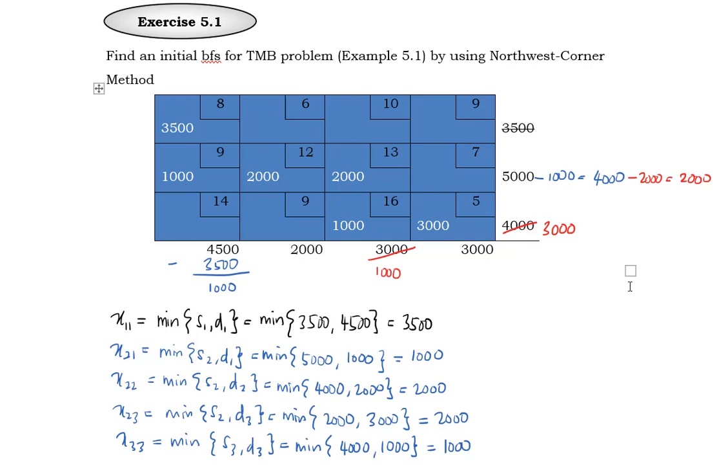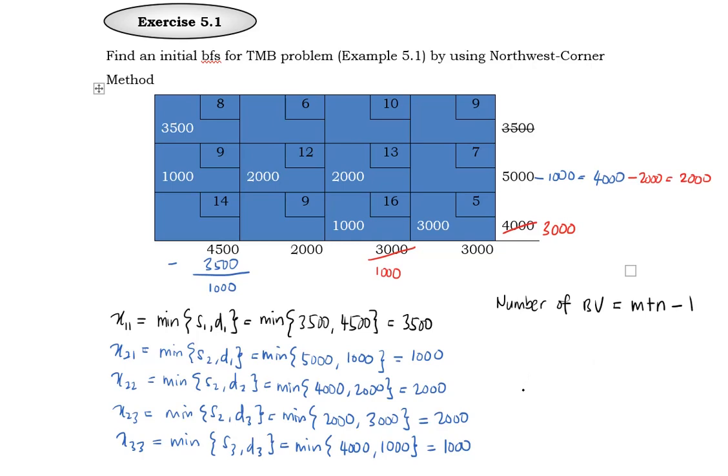The basic variables are x11, x21, x22, x23, x33 and x34. The number of basic variables can be determined from this formula: M plus N minus 1.